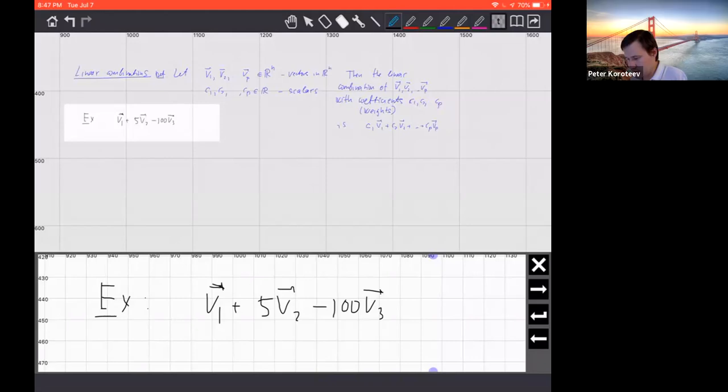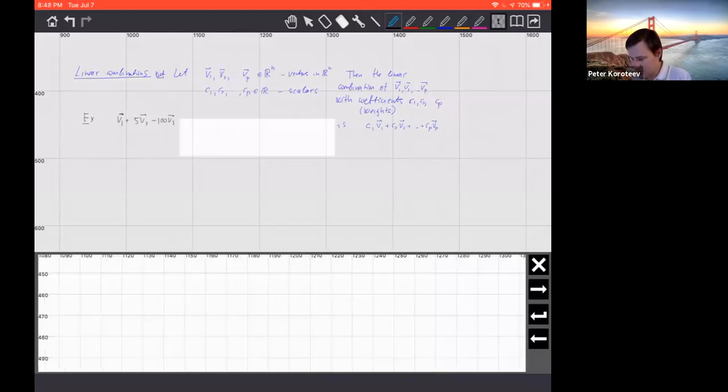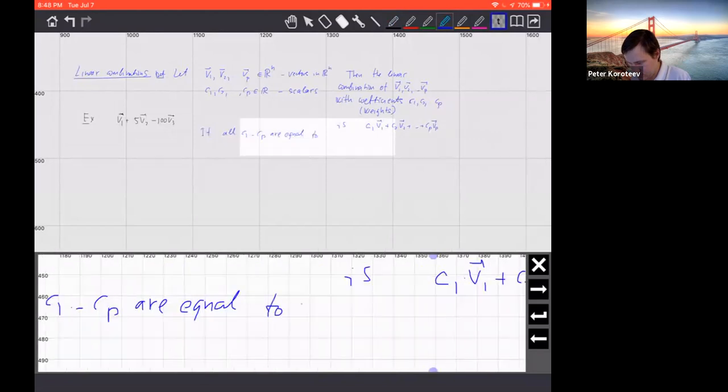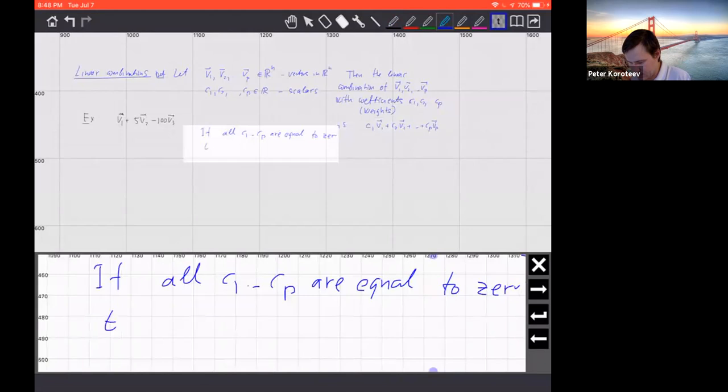So one more part of the definition. If all of c1 through cp are equal to 0, then this linear combination is called trivial.